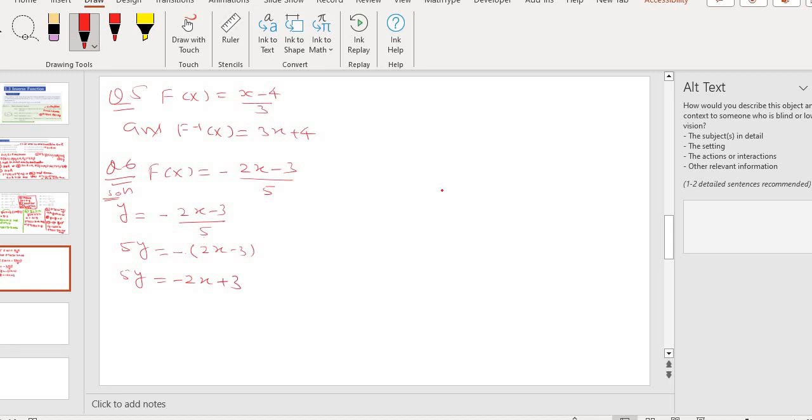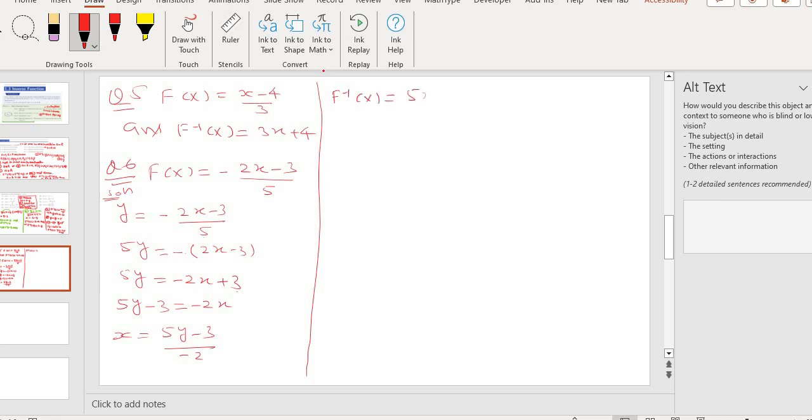Now solve for x. That means move this here. So it comes 5y minus 3 is equal to minus 2x. Therefore the value of x is (5y minus 3) divided by minus 2. Now this is your step number 2. Step number 3, change x as f inverse of x and y as x.